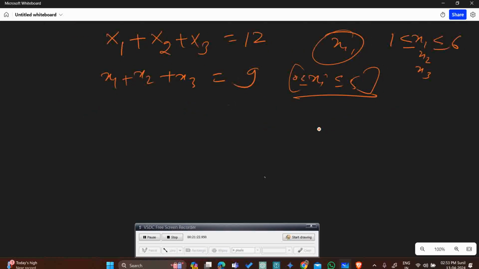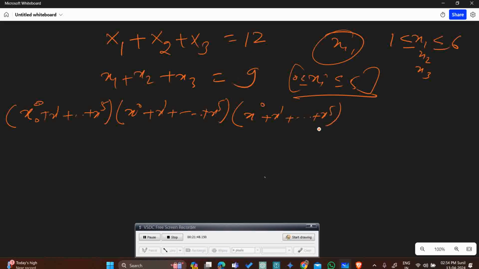The generating function for x1 is x0 plus x1 plus dot dot dot plus x5. For x0, all of them are one, the generating function for all of them, right?